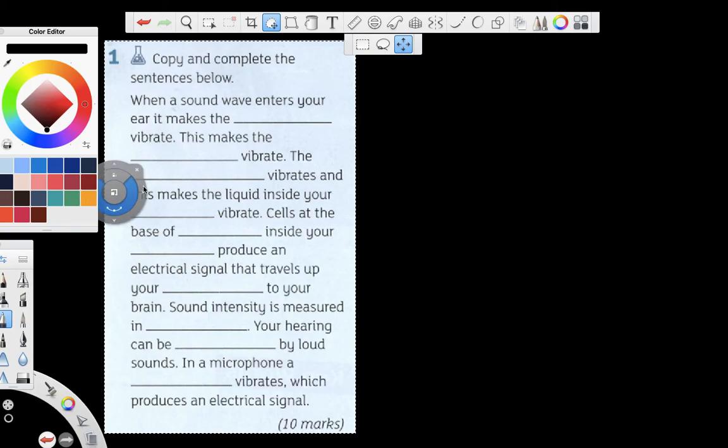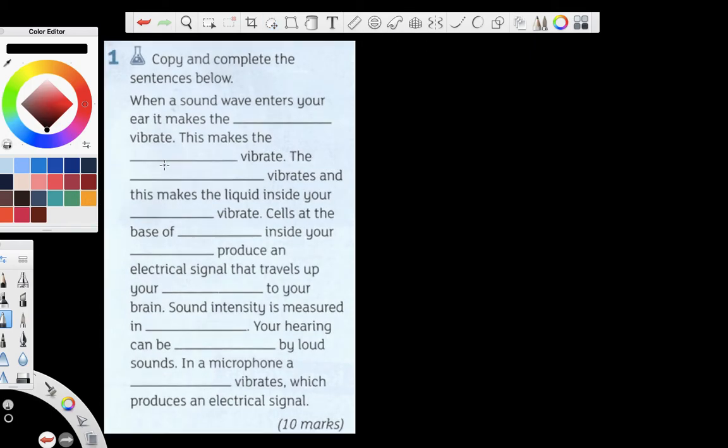It should read that when sound waves enter your ear, it makes the eardrum vibrate. This makes the ossicles vibrate.